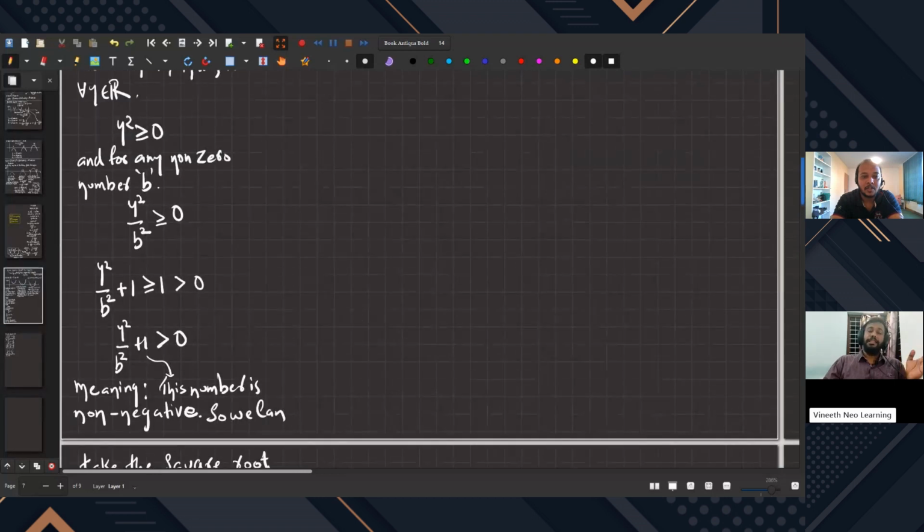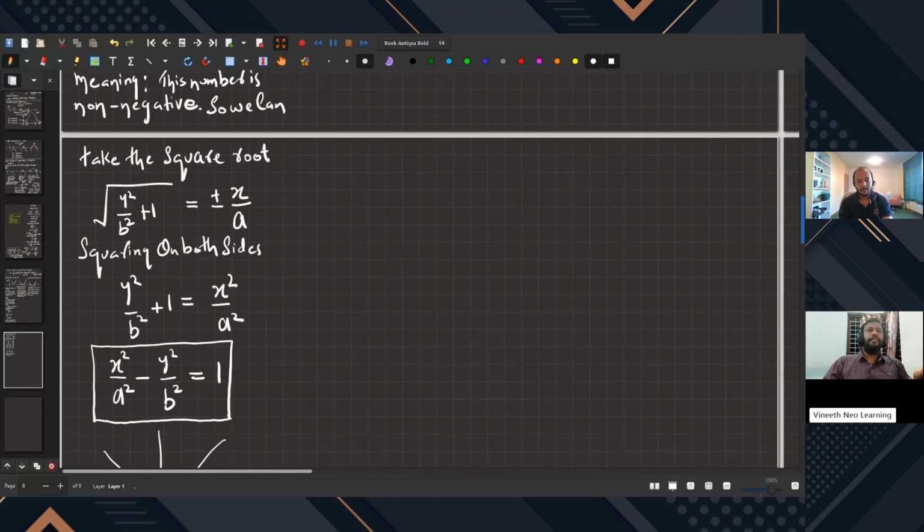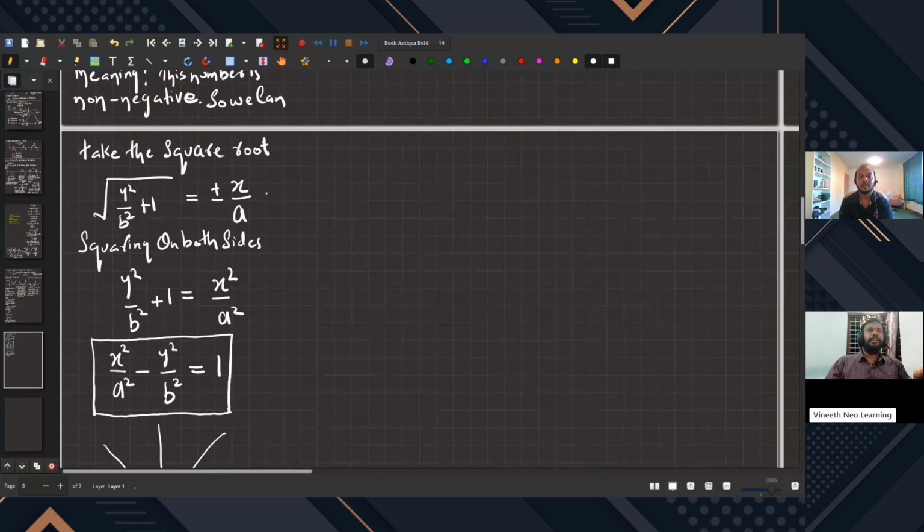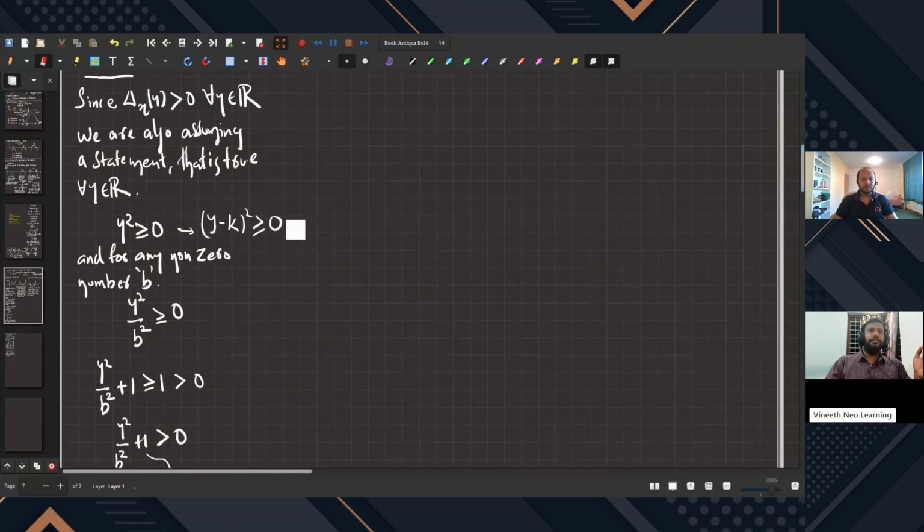We can actually make it a hyperbola centered at (h, k) if, instead of y squared greater than or equal to 0, we take (y minus k) whole squared greater than or equal to 0, which is still true. And finally, we can name this term as (x minus h) over a, similar to the proof for the ellipse.